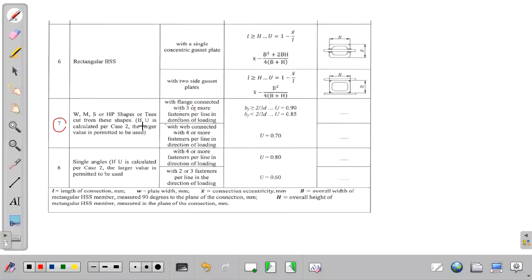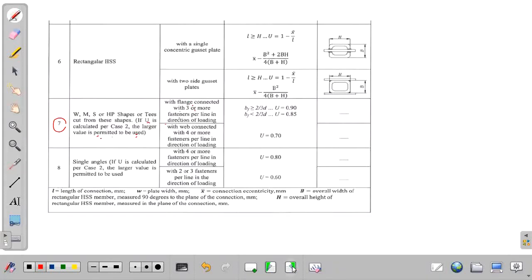And then we need to identify, from what we solved in case 2 and case 7, what our shear lag factor will be. The larger value is permitted to be used. So we need to compare the values of our shear lag factor in case 2 and case 7. Okay? The bigger value is the one we will use as our shear lag factor.